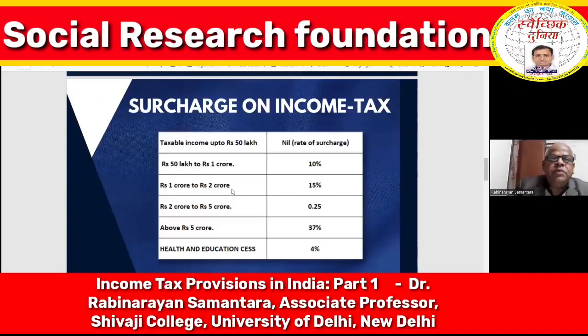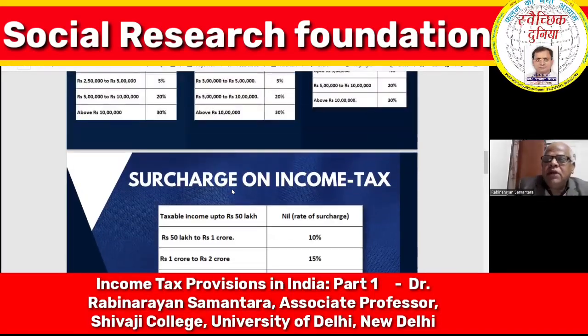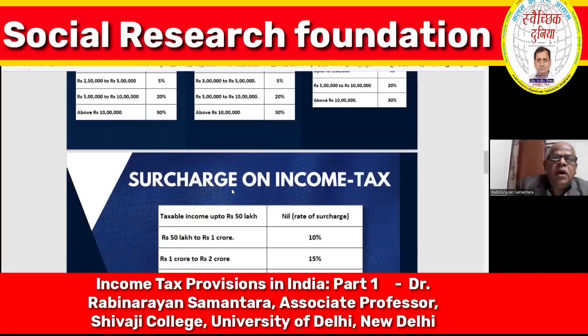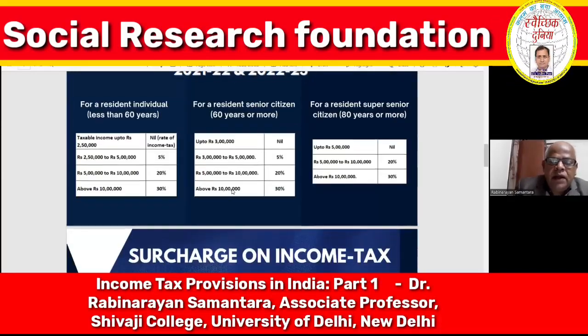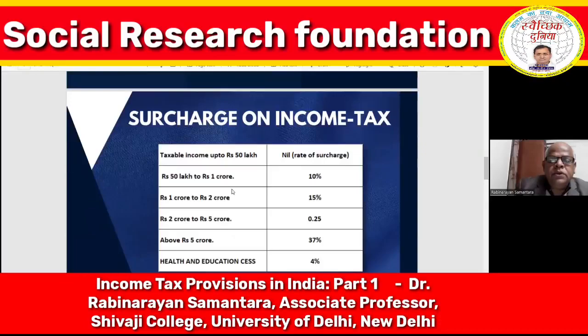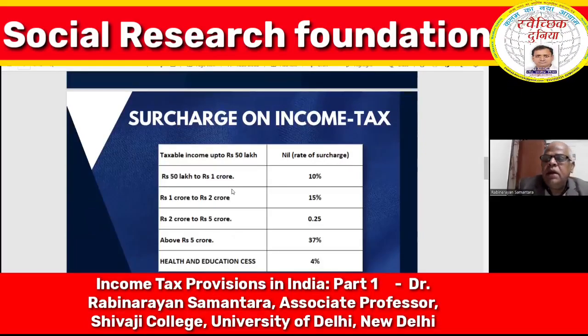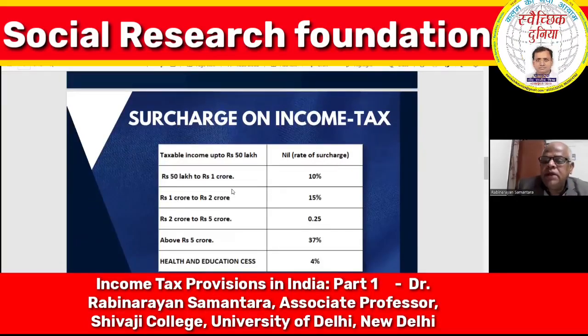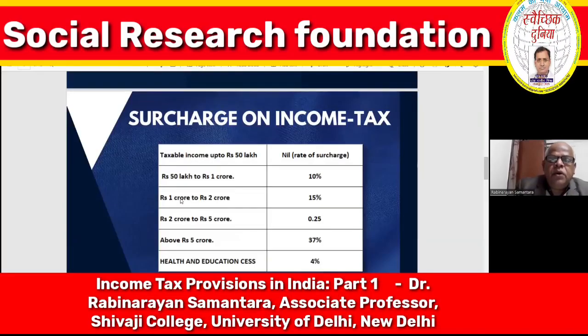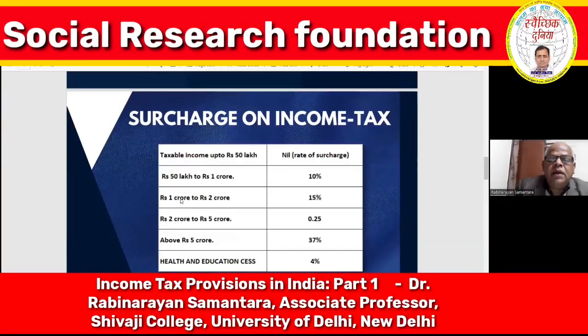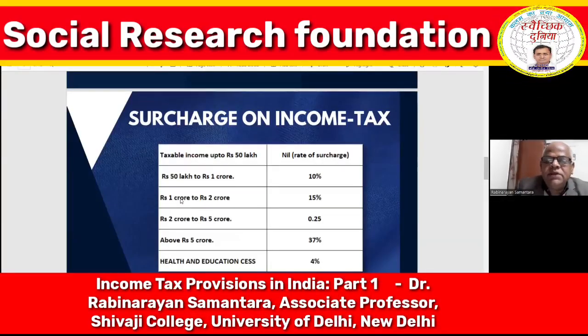After the amount of tax has been calculated, the amount of surcharge has to be added. In this connection, these points have already been explained to all of you. For taxable income up to rupees 5 lakh, the amount of surcharge is to be taken as nil.